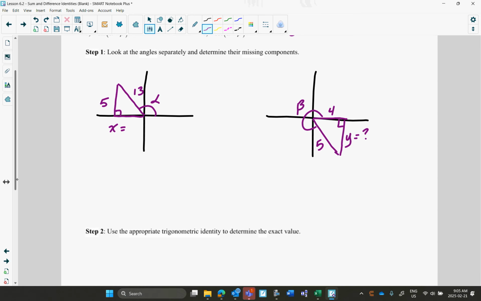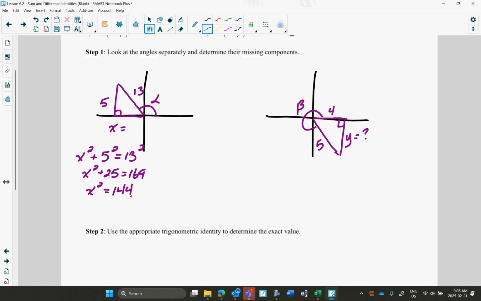So this one, we've got x squared plus 5 squared is equal to 13 squared. And then we've got to solve for x. So x squared plus 25 is equal to 169. Subtract 25 from both sides, and I get x squared equals 144.